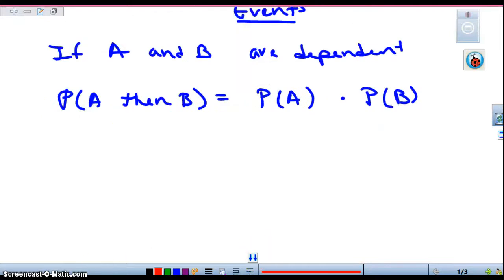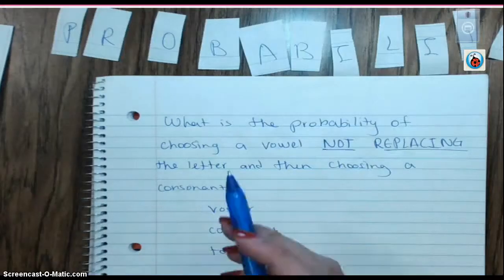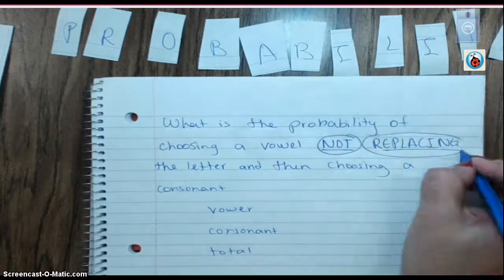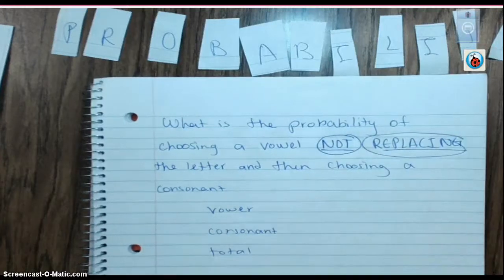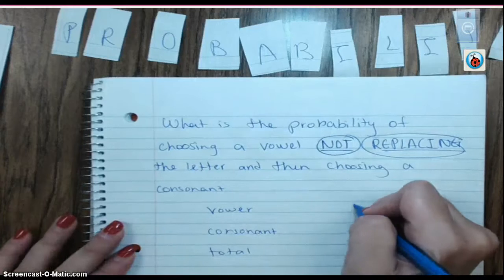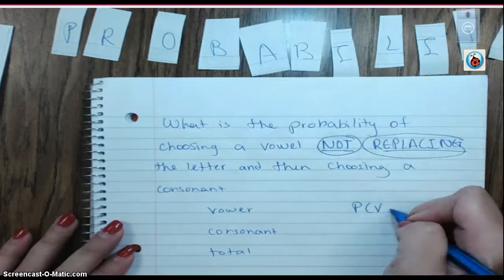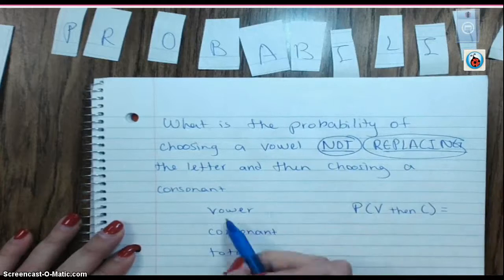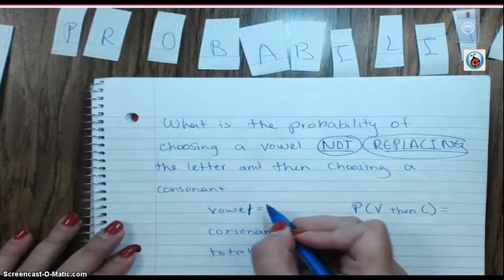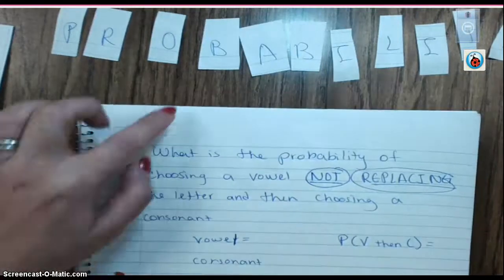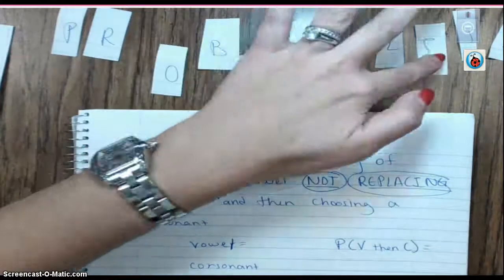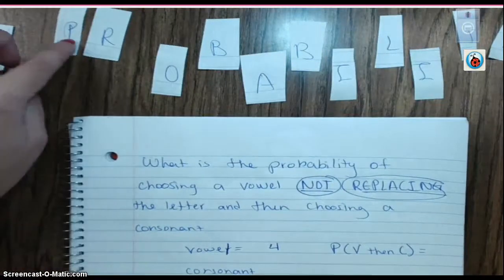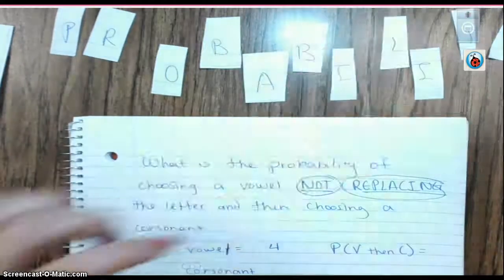So let's try an example. What is the probability of choosing a vowel, not replacing the letter, and then choosing a consonant? So in other words, we're wanting the probability of a vowel and then a consonant. How many vowels are in the word probability? 4 vowels. How many consonants in the word probability? 7.